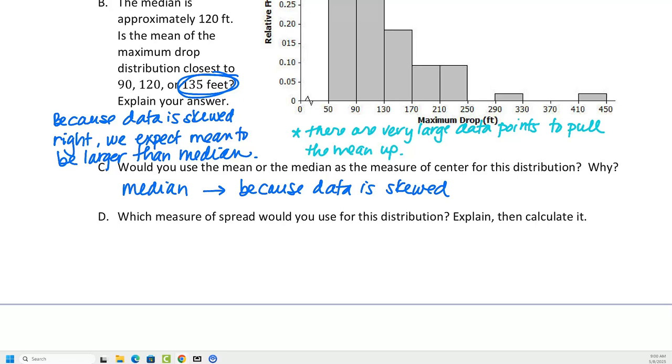In this case, we use the range, again because the data is skewed. You would take the largest, which is the 450, and subtract 50, the smallest. So the range would be 400. So the drop of the roller coaster would be about 400 feet.